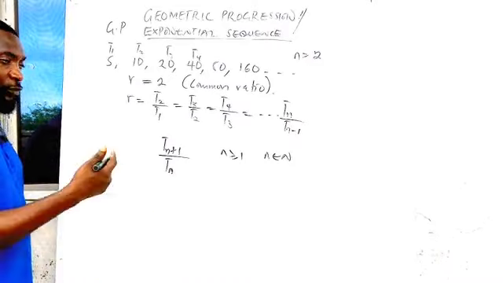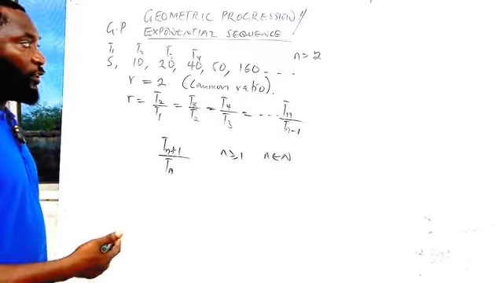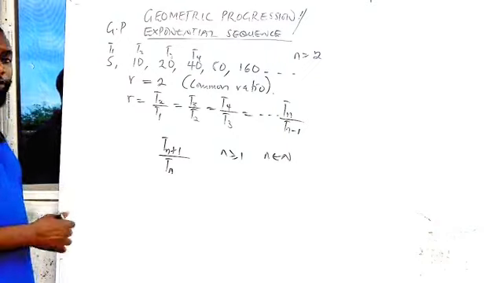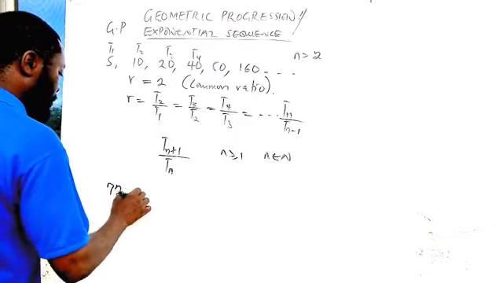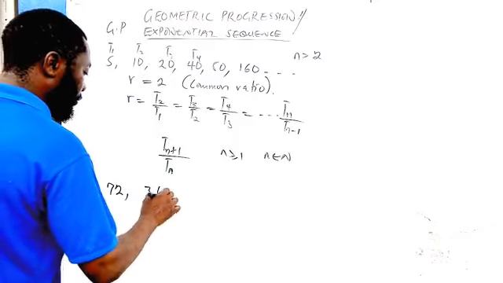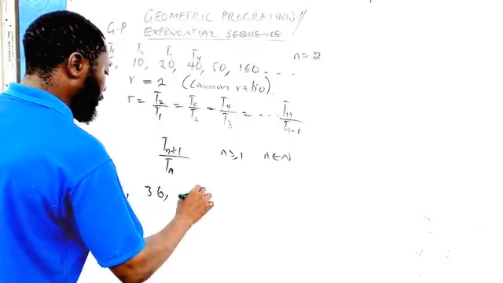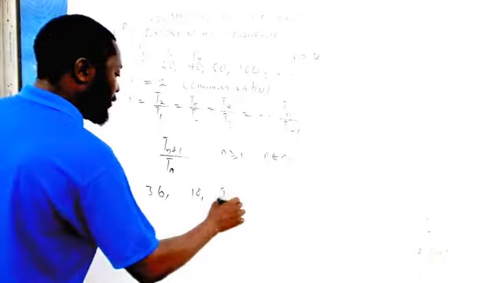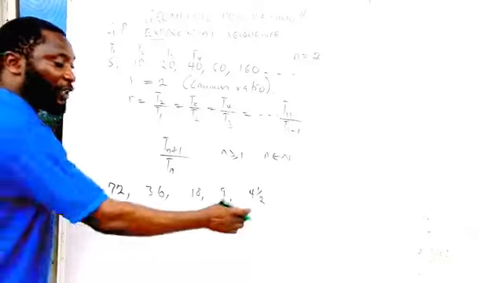Example of a sequence in which you divide the term to get the next one is this. Suppose we have 72, 36, 18, 9, 4 and a half, same thing as 9 over 2.